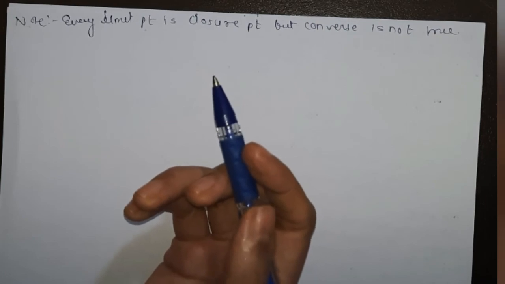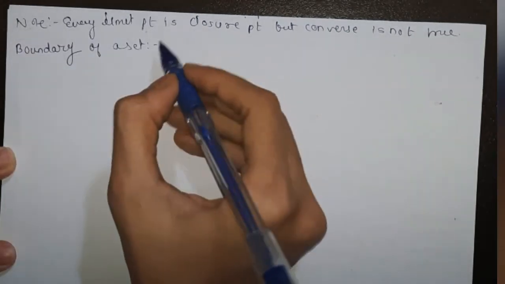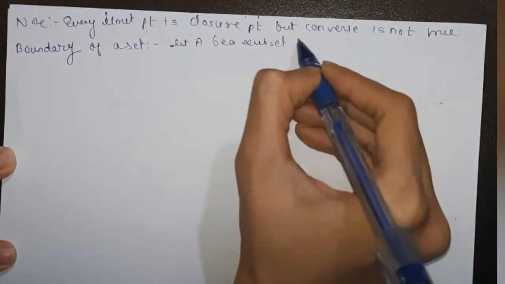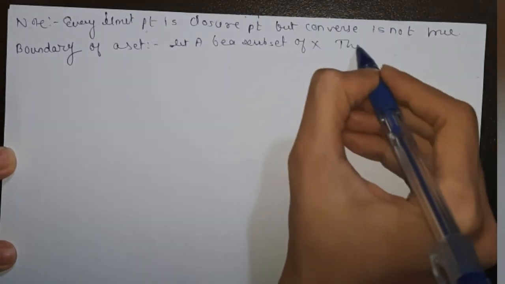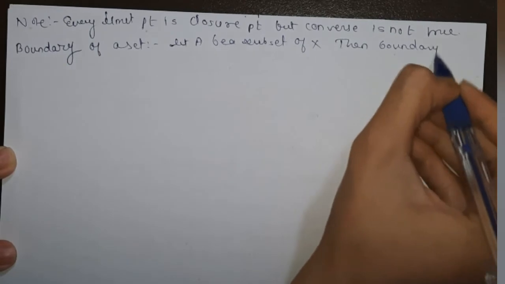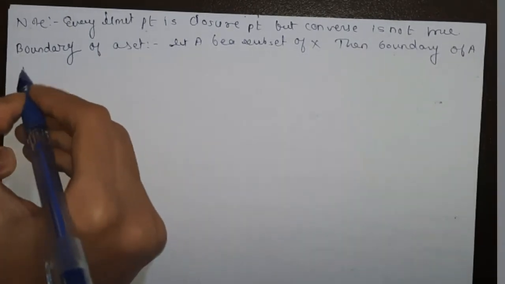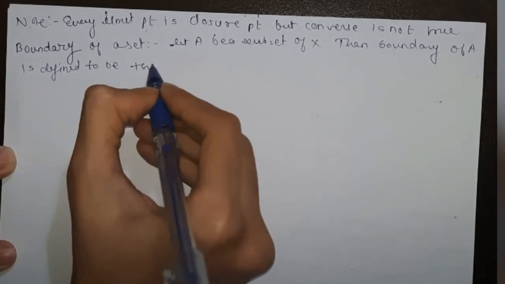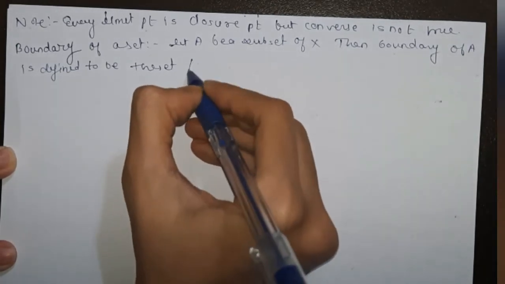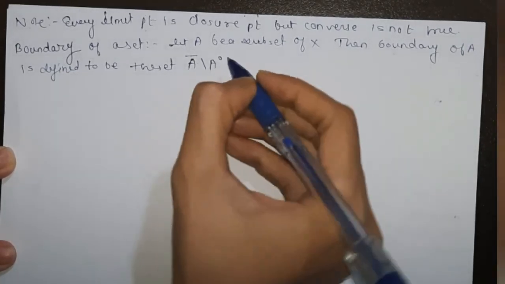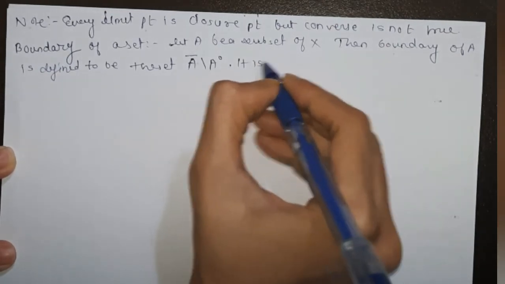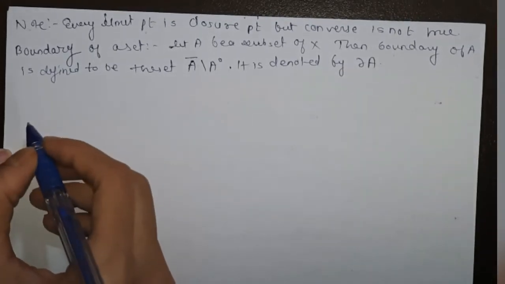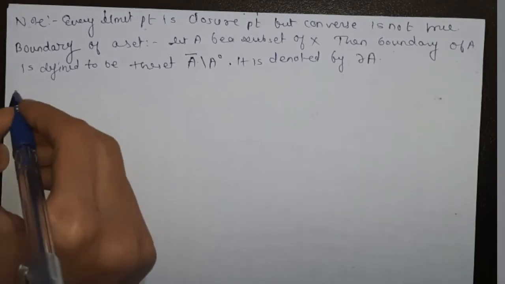Now we will see the boundary of a set. What is the definition of the boundary of a set? Let A be a subset of X. Then the boundary of A is defined to be the set A closure minus A interior, and it is denoted by del A. Let's look at an example.